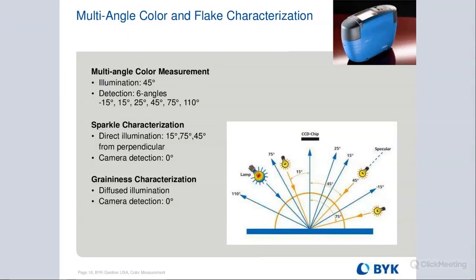Unlike the sparkle characterization, the graininess uses a diffused illumination. So if you go out to your vehicle on a nice sunny day and you have that direct light on your car, you'll see a lot of sparkle. Whereas in a very diffused lighting situation, like an overcast day, you'll see a more grainy look. It won't be as intense and bright as the sparkle.